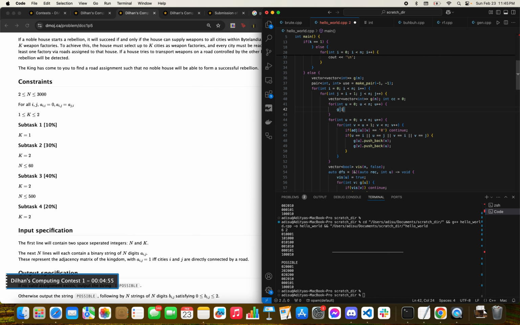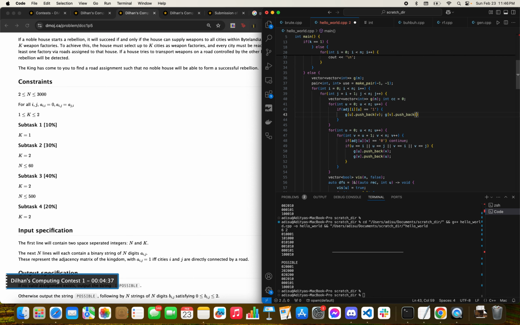Yeah, it's linear edges too. Wait, I'm being really stupid. Right.